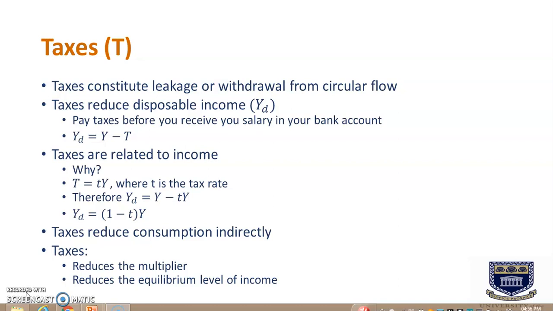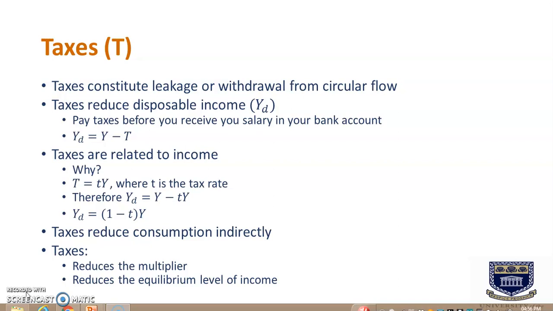Well, you know from chapter 3 that government finances its expenditure from taxes, amongst other things. You also know from chapter 1 that taxes are a leakage in the circular flow model. In this section, we introduce taxes and denote it with the letter T. Taxes reduce the income that households have to spend on goods and services.